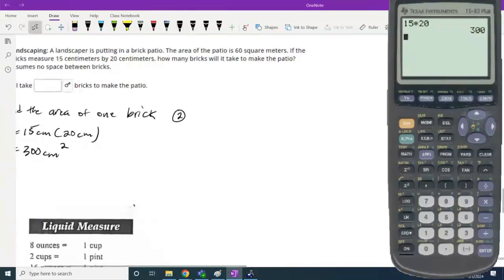The second thing I need to do is convert 300 square centimeters to square meters. Right. And the reason I'm doing that is because they give me the area of the patio in square meters, so I have to convert everything to the same unit.